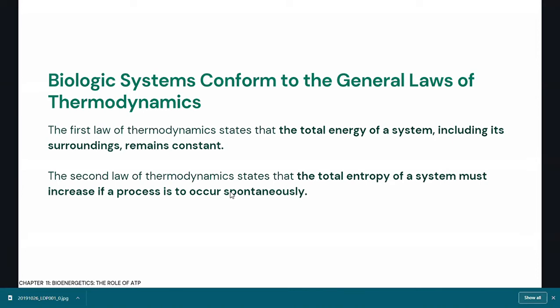Okay, so you now have an understanding of what energy is. The first law of thermodynamics says that the total energy of the system, including its surroundings, remains constant.